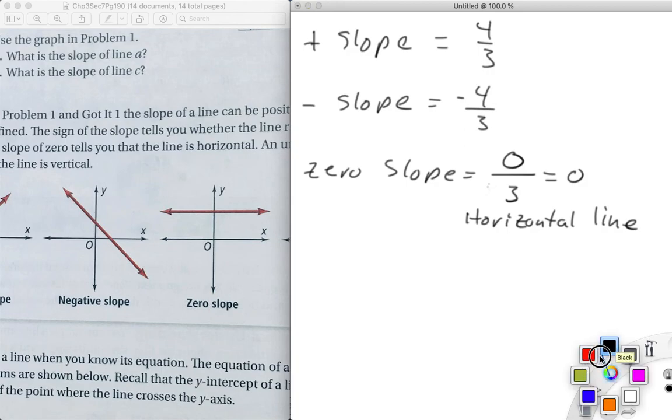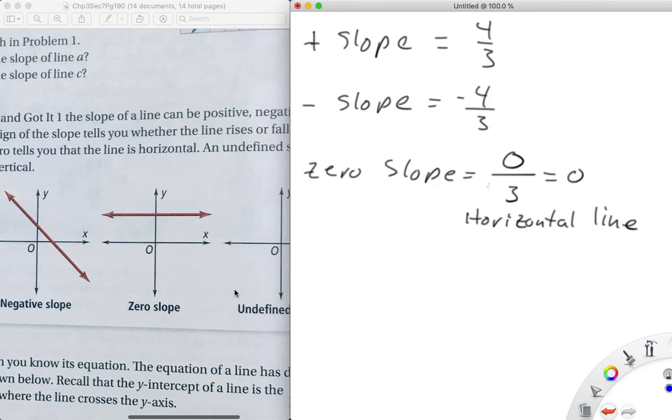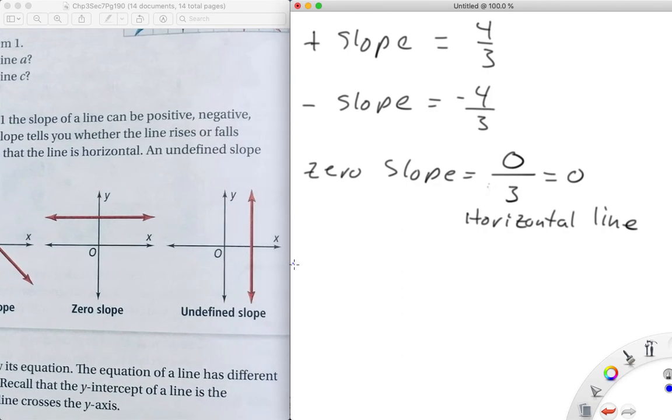And then you have an undefined slope. When you have an undefined slope, your denominator is 0. But here's the rub. You can't divide by 0. So it doesn't really exist.